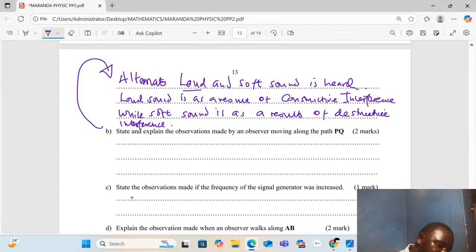So you can say the separation or the intervals of loud and soft sounds is reduced.